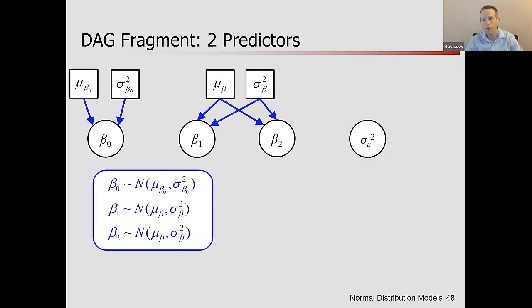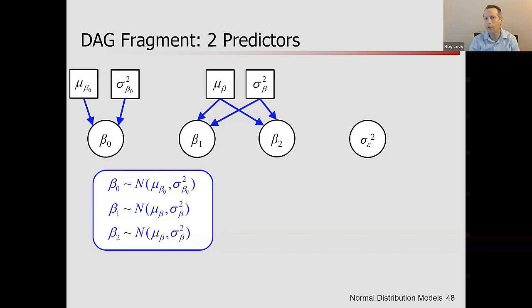Here's a little fragment of the graph for this portion of the model. There is the intercept, and it gets a prior distribution with some mean and variance, so I've written them in the graph. If I have two predictors, I'm going to have a slope for each predictor, and treating them as exchangeable, they're going to have a normal with a mean and variance, and I'm going to use the same mean and the same variance for each.